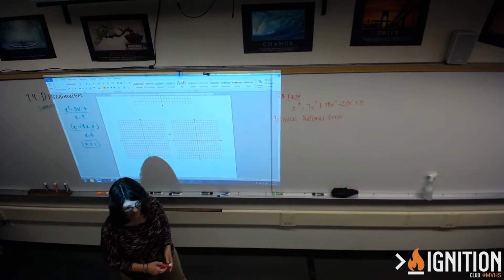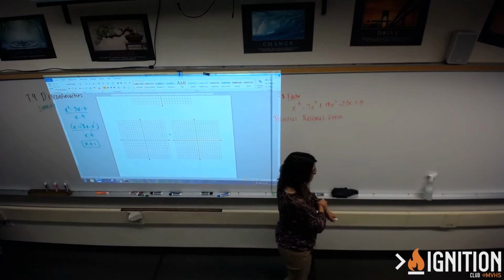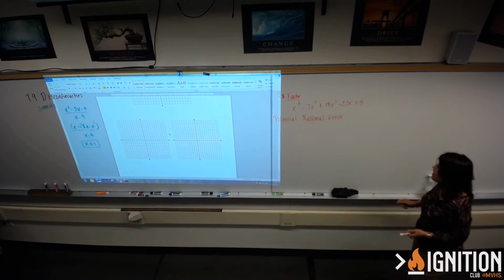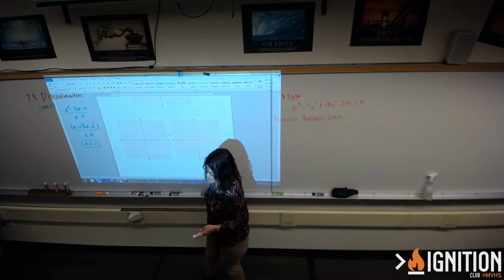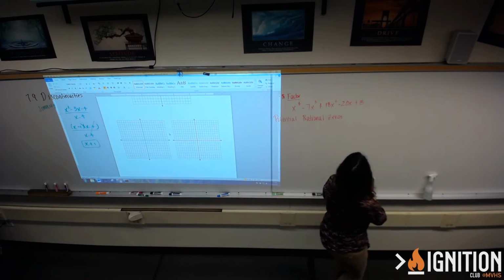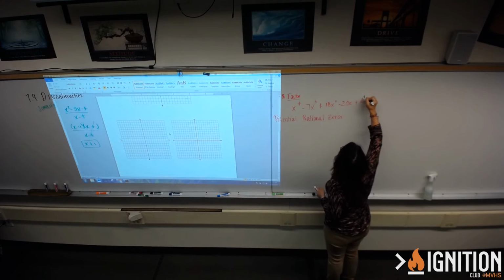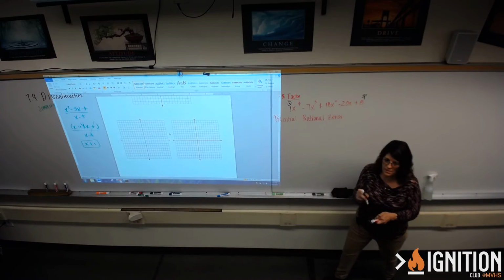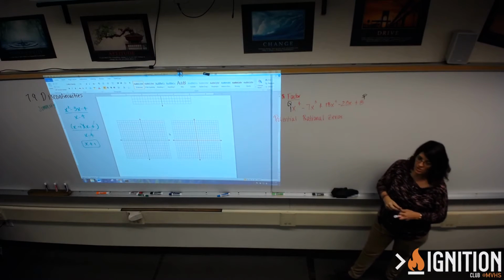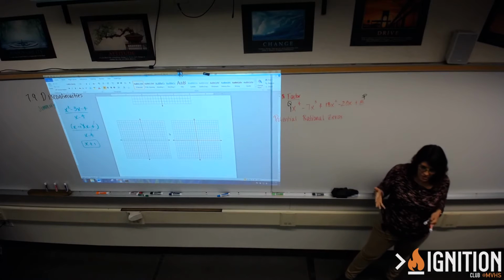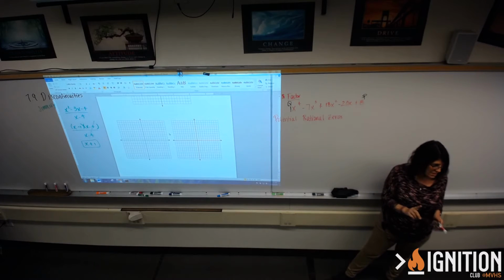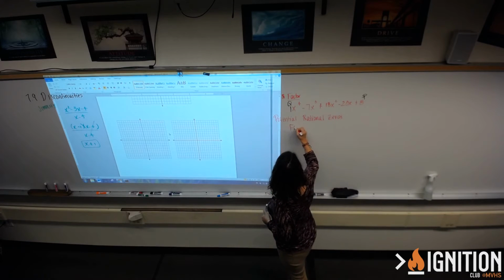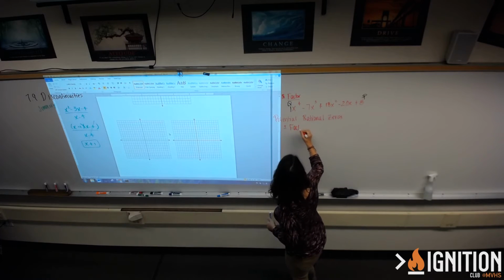Yes, it is. How do you start? P over Q. Q. Lead coefficient. P over the factors of Q, plus or minus. Factors of P over the factors of Q. Plus or minus.